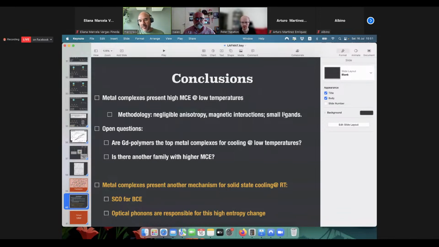That's the recipe to achieve the highest entropy change. It's described in that review article, but I didn't have the time to describe this in detail. This is the recipe to achieve the logarithm of 2S plus 1. That's the main recipe.